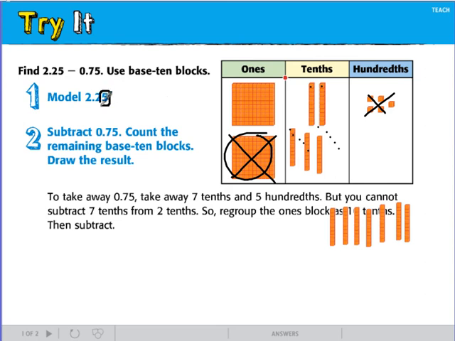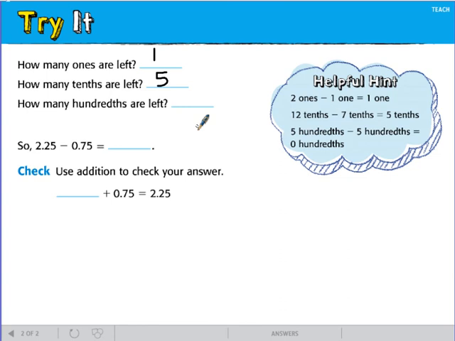I had started off with 2 and 25 hundredths. I subtracted 75 hundredths. So I had 5 hundredths over here. And I'm sorry that my X didn't go all the way through it, but the X should have been through that too. Okay. Because 1, 2, 3, 4, 5 have to be taken away, correct? So how many hundredths are left? 0.